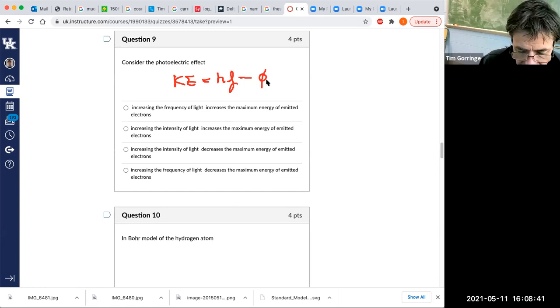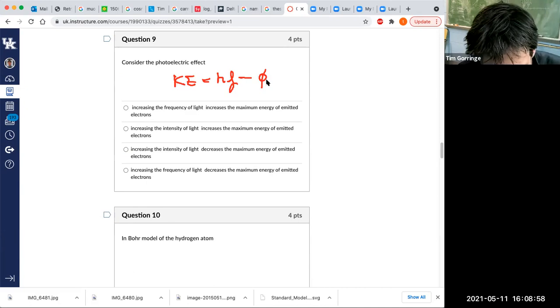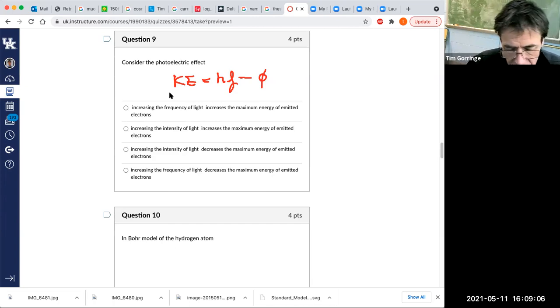And the way I think of it is the incoming photons of light bring in energy. Some of that energy is consumed by the metal to release the electron, and the remainder the electron has as kinetic energy when it's liberated. So in this understanding of the photoelectric effect, increasing the intensity of light doesn't change the energy of the emitted electrons.